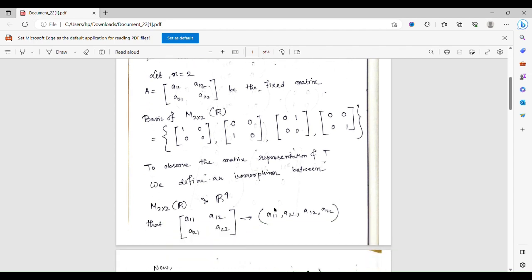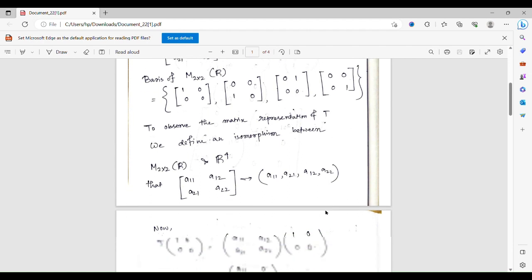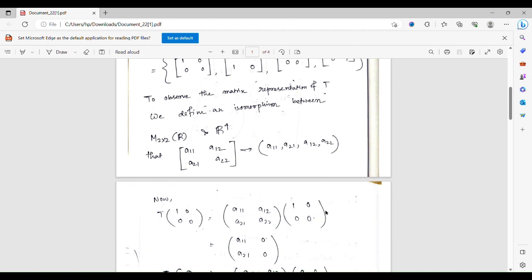If A11, A12, A21, A22 is the matrix, then I write down its columns, first the first column, then the second column. In this way I get an element in R4. Now I compute the value of T on the basis vectors, I mean the basis matrices.